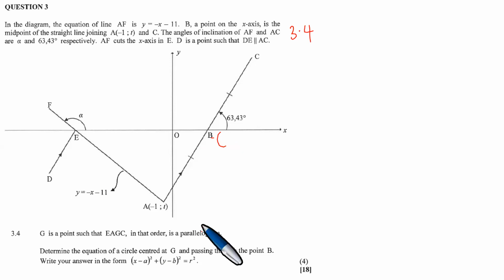And what are the coordinates of the point A? We've seen that the coordinates of the point A are (-1, -10). And then we have the coordinates of the point E, for instance. At this point, X is -11 and Y is 0. If you're at this point, Y is 0 and X is -11.